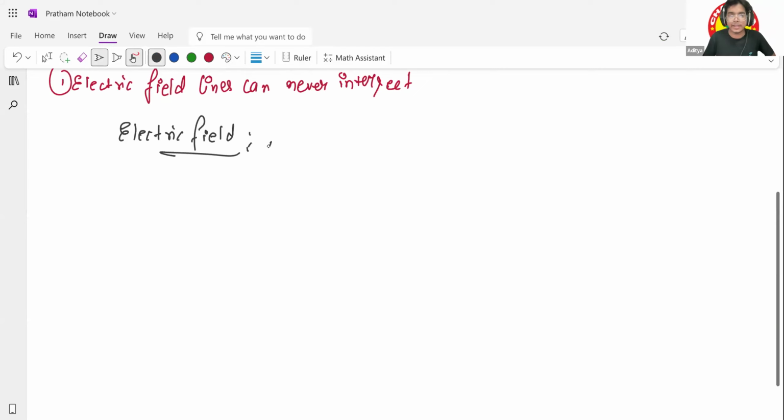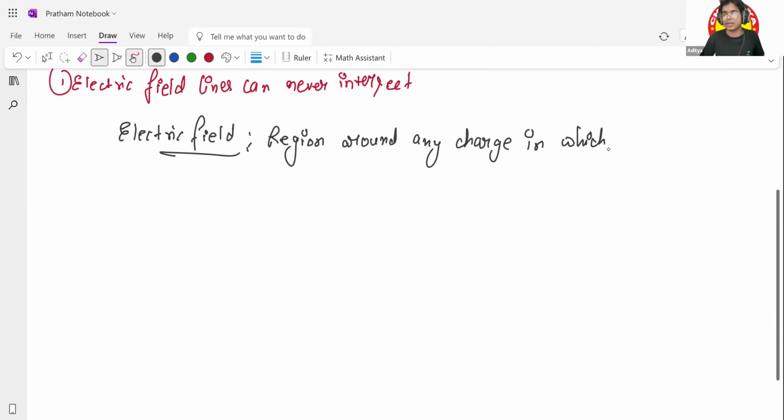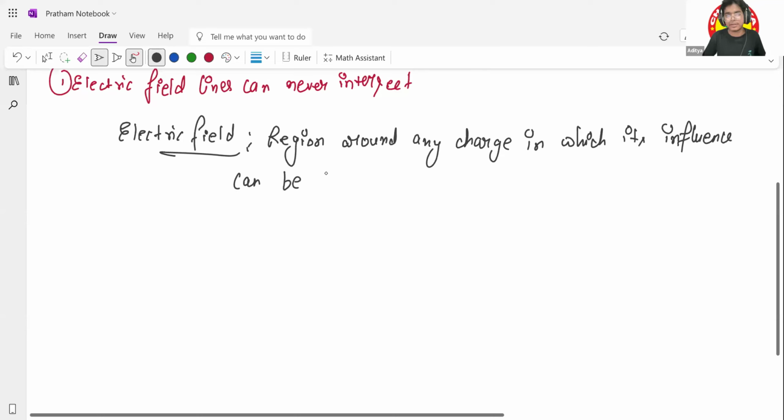It's basically the region around any charge in which its influence can be noticed, or let's say felt.